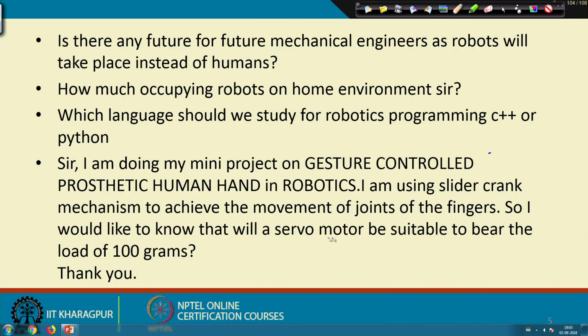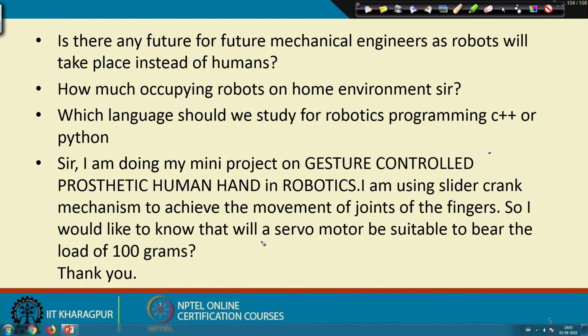The next is: sir, I am doing my mini project on a gesture controlled prosthetic human hand in robotics. I am using a slider crank mechanism to achieve the movement of the finger joints. I would like to know whether a servo motor will be suitable to bear a load of 100 grams.